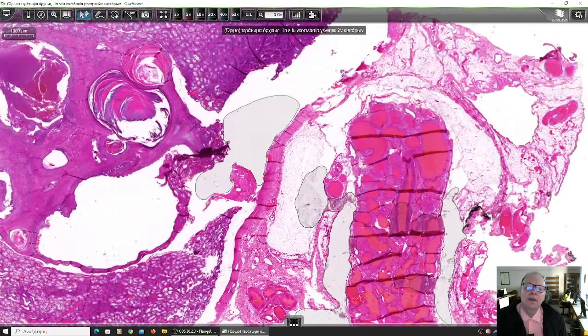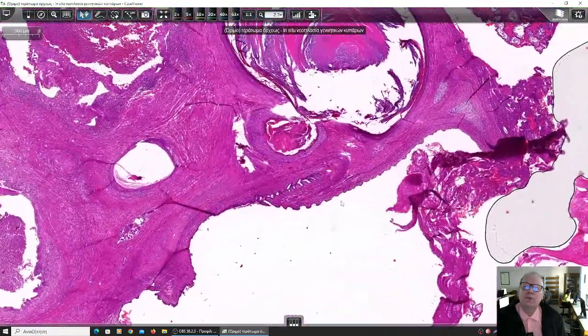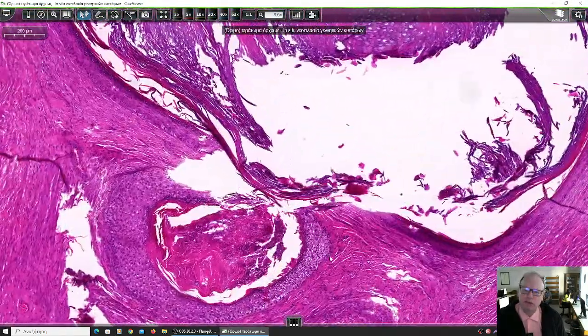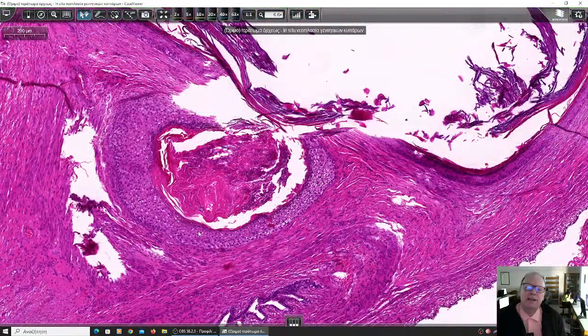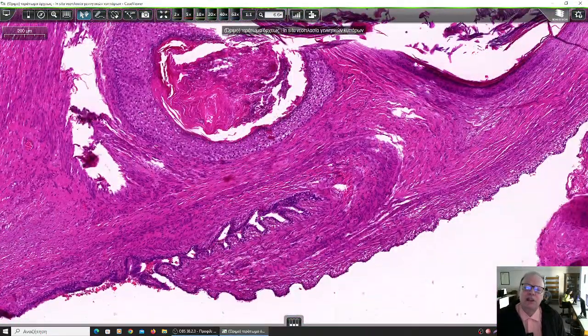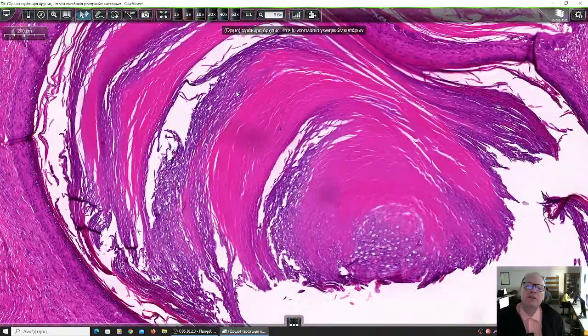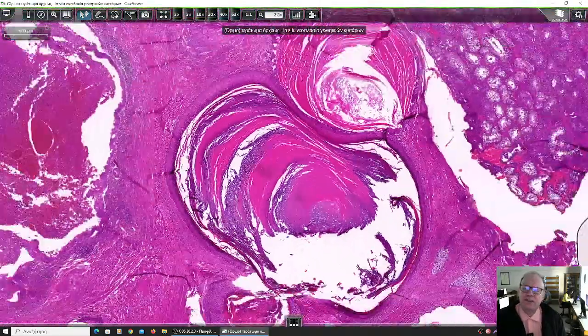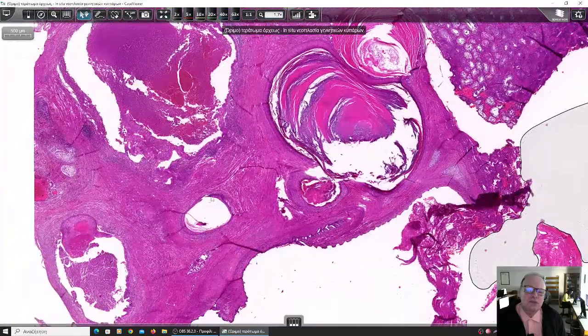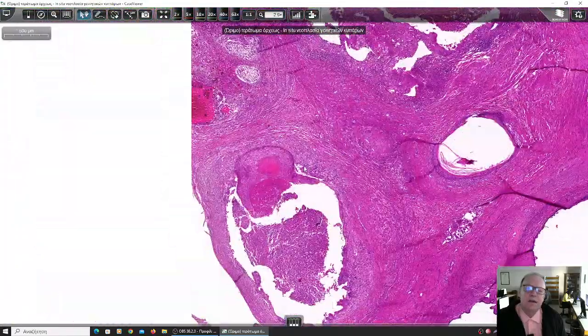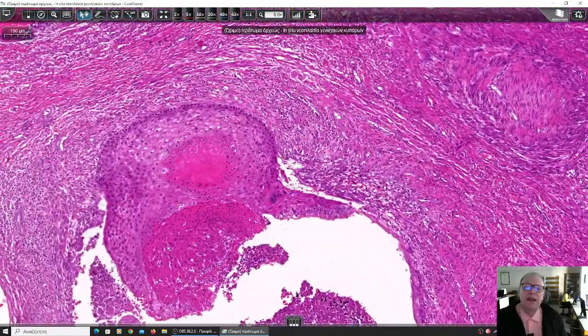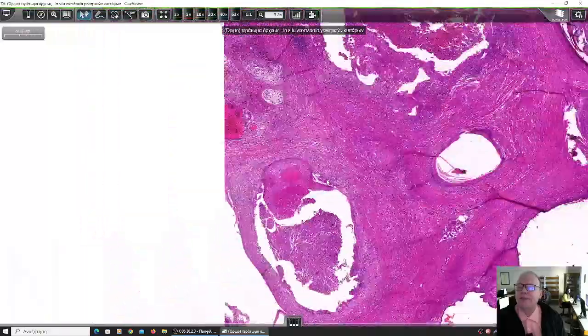Have a look. This is a tumor which consists of mature tissues. This is stratified epithelium, this is cylindrical epithelium, stroma, and here is keratin making a cyst. So it is mature and it looks benign. So this is a teratoma of the testis.